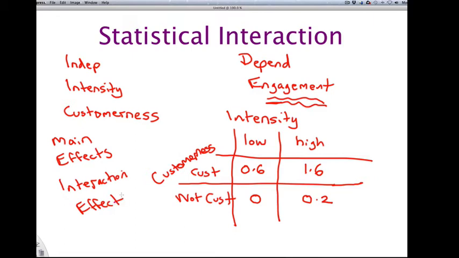And the easiest way to see whether there is an interaction effect is to draw one of the graphs. The interaction effect would be that when you combine being a customer with high intensity, the level of engagement goes up more than you would expect by either one of them alone.